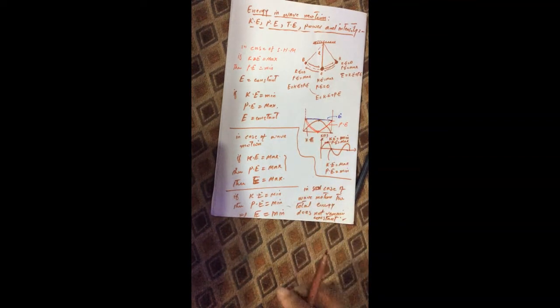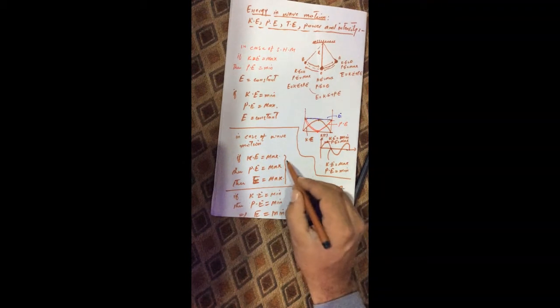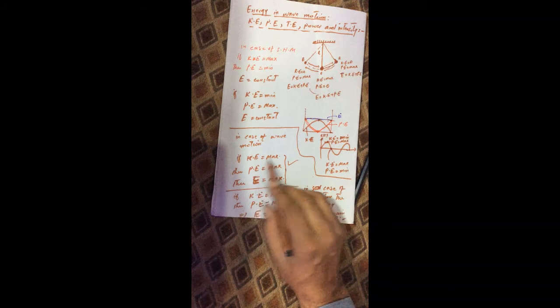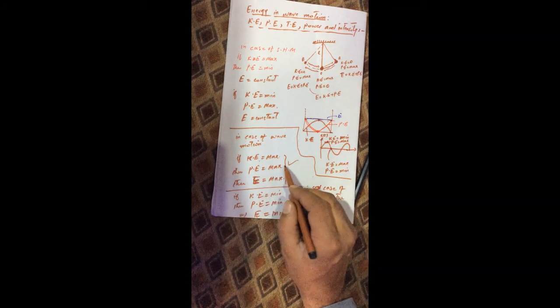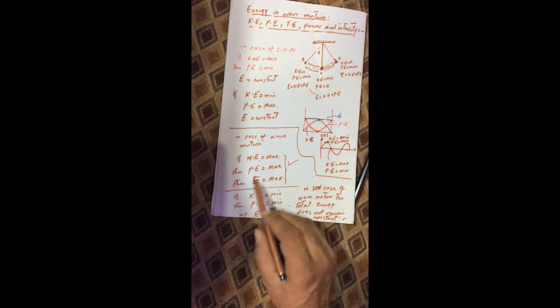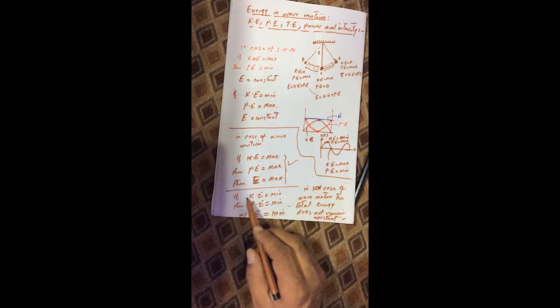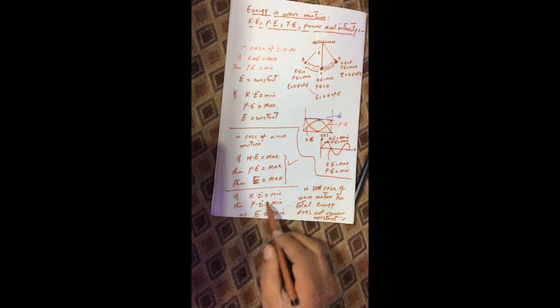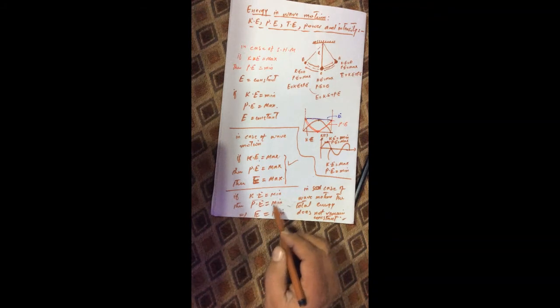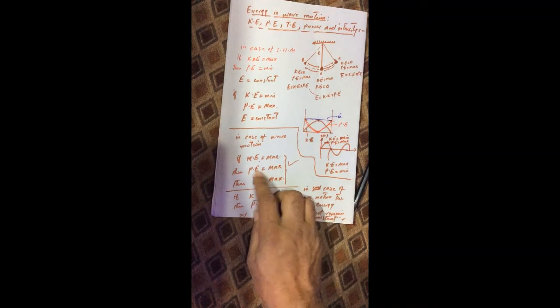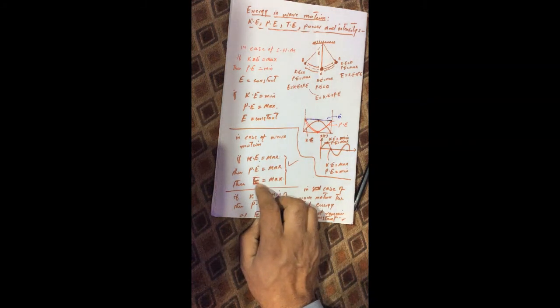So we will derive a formula and discuss all these facts: why, if kinetic energy is maximum, potential energy is maximum at that point, and why total energy is maximum at that point. Similarly, if kinetic energy is minimum at a given point, why potential energy is minimum at that point, and why the total energy is minimum at that point. We will discuss all these facts by deriving a relation for all three quantities: kinetic energy, potential energy, and total energy.